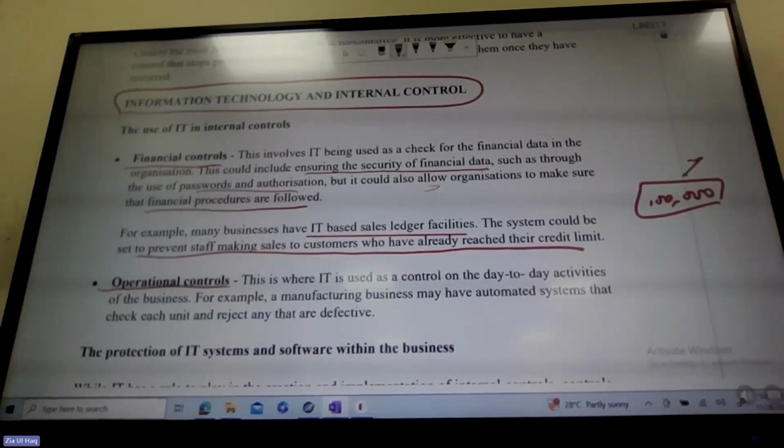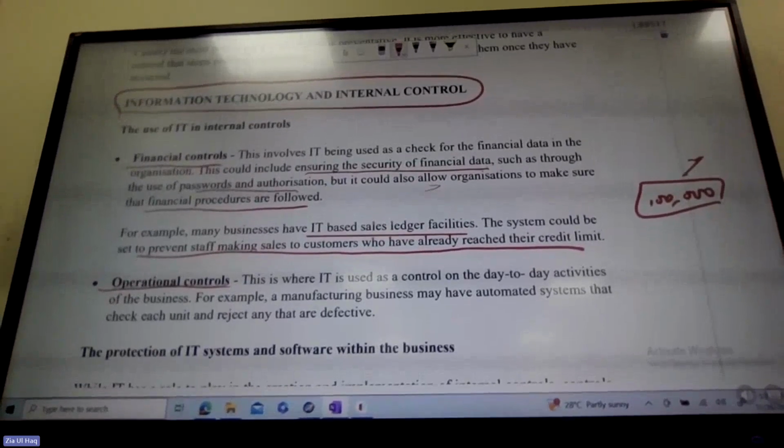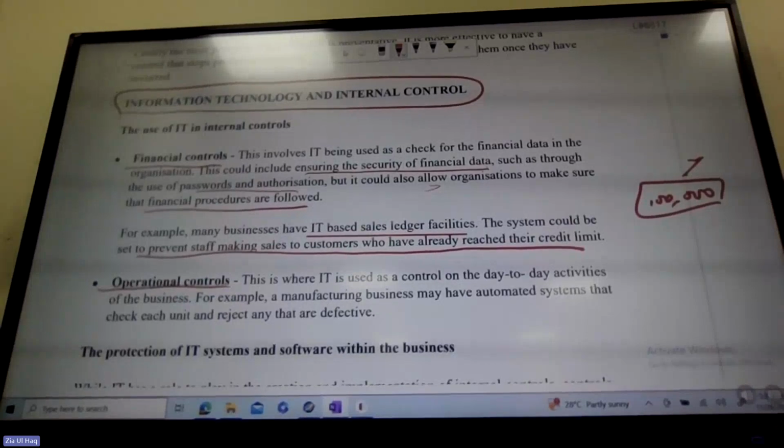These things should be implemented into the system. If anybody wants to place or process an order above 100,000, the system should stop it. There should be some procedures and controls in the system, and those controls are called financial controls. It is our organization policy that a new customer can receive a credit limit up to 20,000.